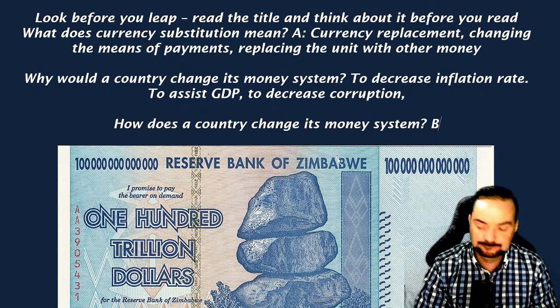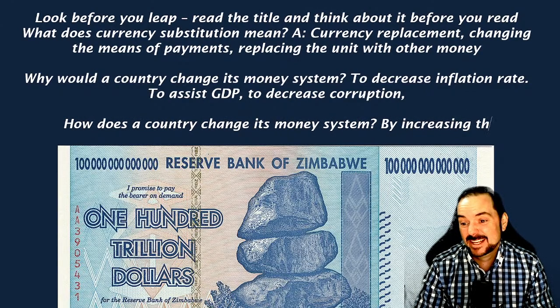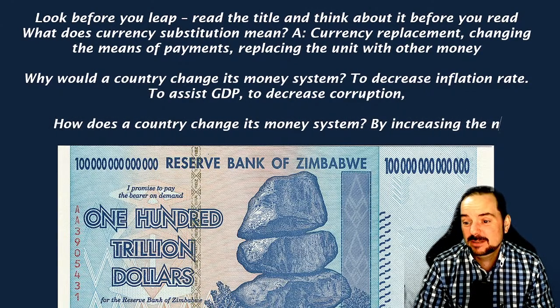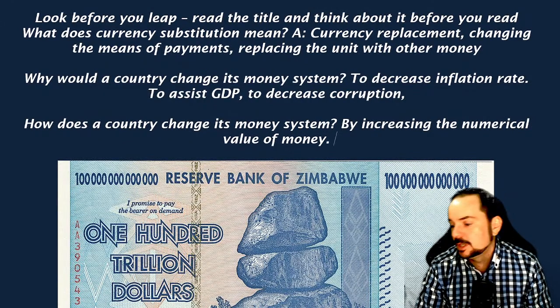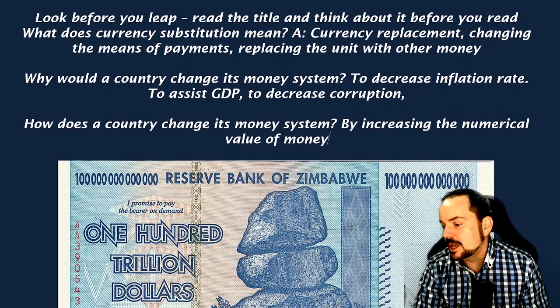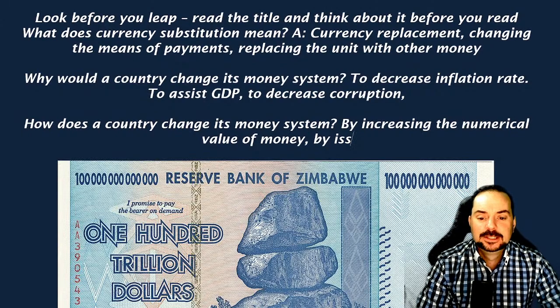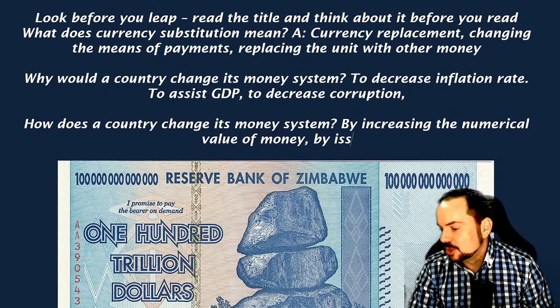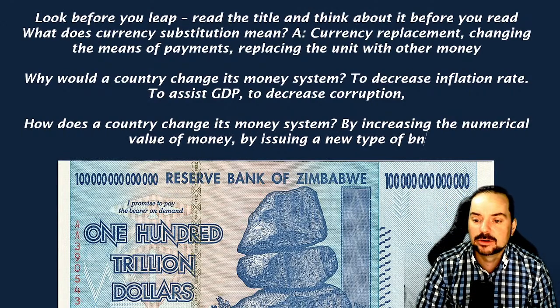By increasing the numerical value of money? Sure. Okay, we can see that. Tatiana says, by issuing a new type of banknote. I think Selena got my Austin Powers anecdote.